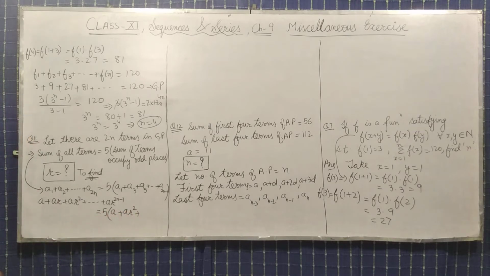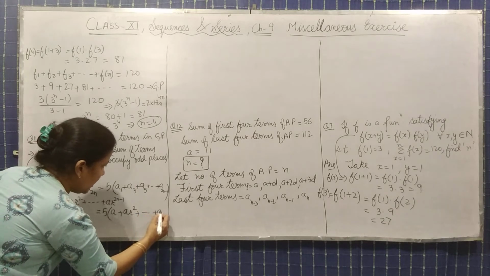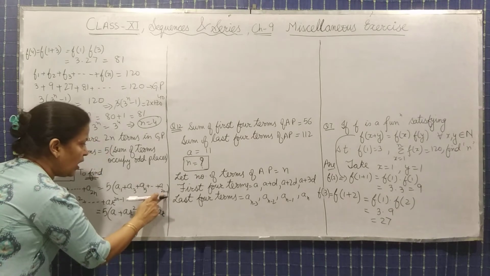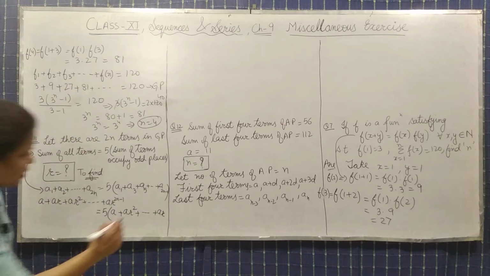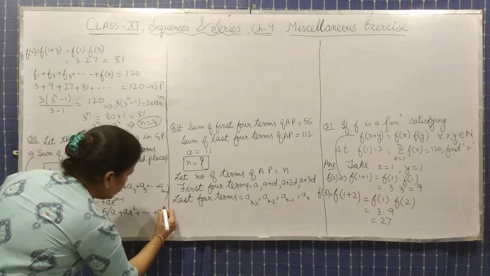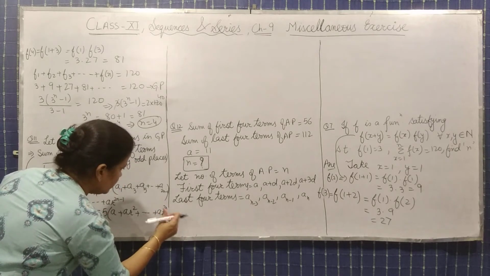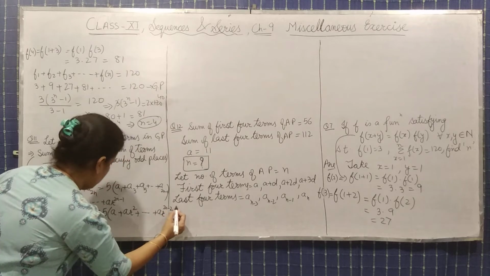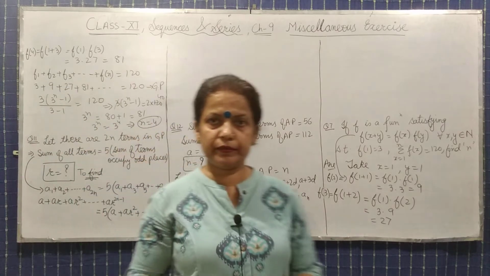Tell me. Like this you have to go, और ये कहाँ तक जाएगा? Plus ar, last term is 2n minus 1. तो 2n minus 1 का क्या हो जाएगा? 2n minus 2, यहां तक आ जाएगा. Have you got it?